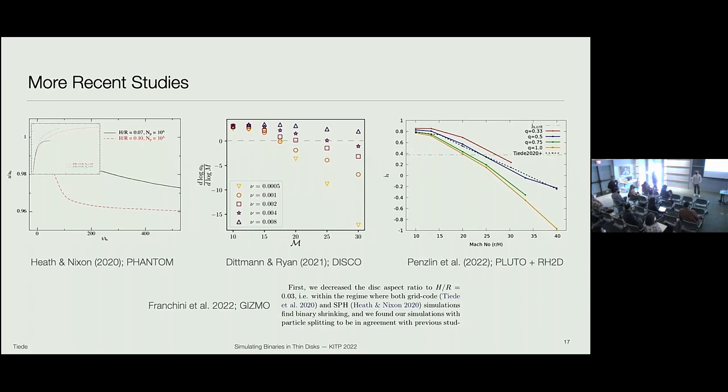I think one of the reasons pre-2017 there are all these claims of migration inwards is because a lot of these studies basically found transient phenomena and did not really relax the disk for a sufficiently long time, in addition to some other hidden mistakes, I think. So my question is, what I understand is that most of this simulation is done for a torus, right?